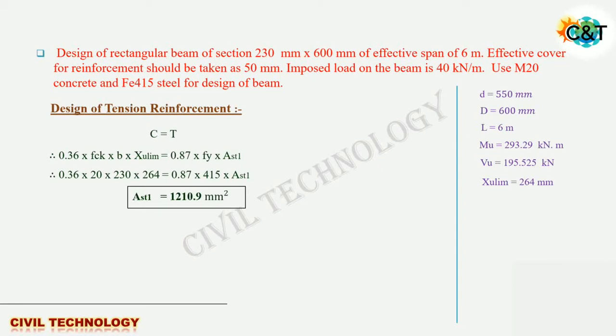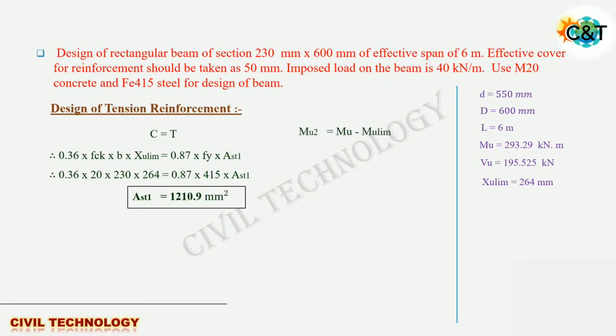So this much reinforcement is actually required if our section was a singly reinforced section or for a balanced condition. But as our section is a doubly reinforced section, we need to provide some additional reinforcement to make our section a balanced section. That additional reinforcement we can find out from the extra moment, that is the difference of Mu and Mu limit.